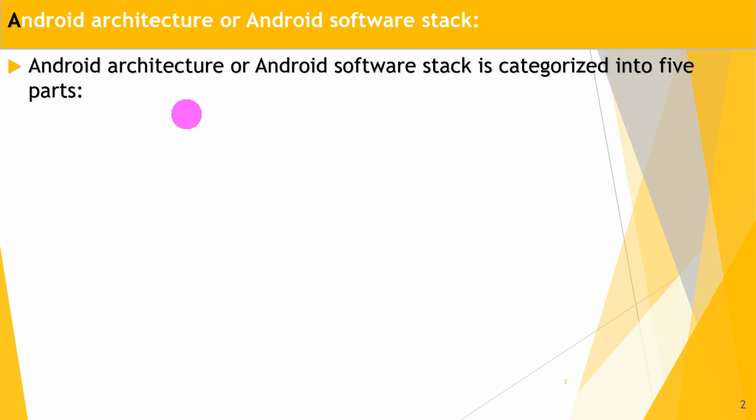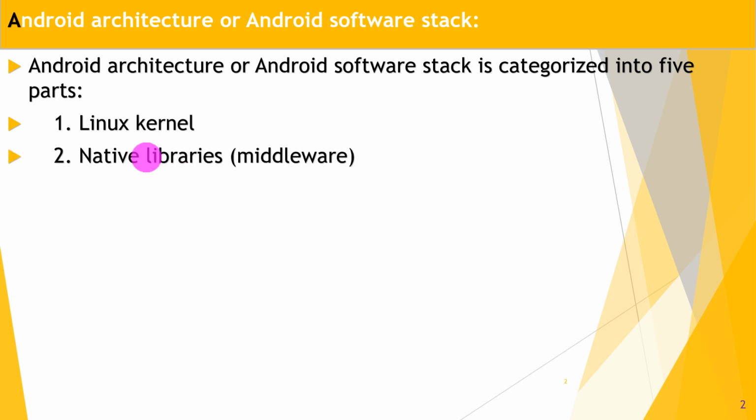Android architecture, or software stack, is categorized into 5 different parts. The first part is the Linux kernel. From bottom to top, the Linux kernel is at the bottom. Then native libraries, or middleware, as it is called.